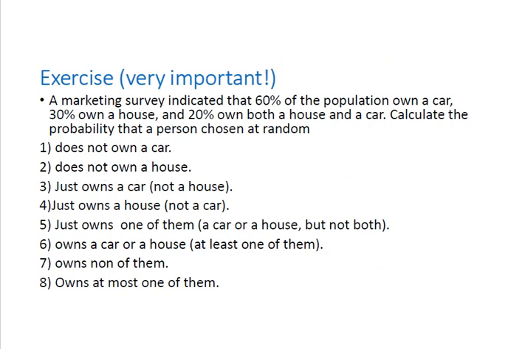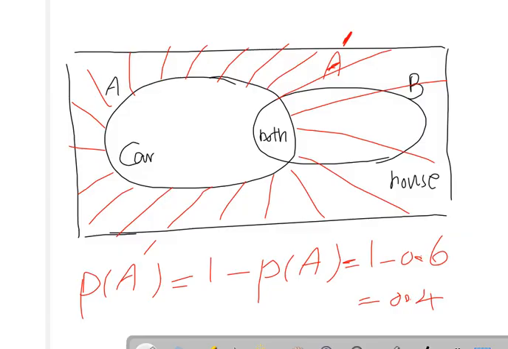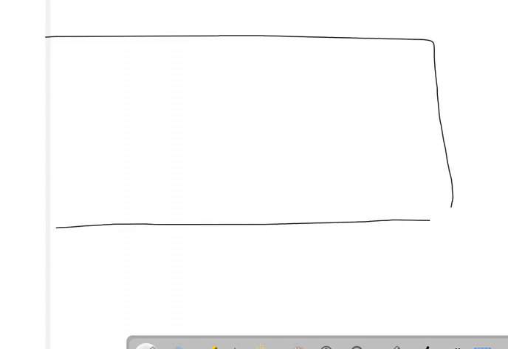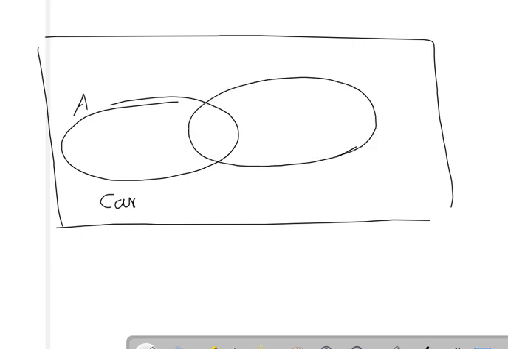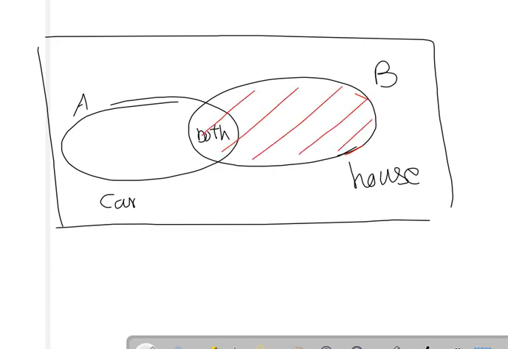Now, not owning a house. Okay, again similar to this one. It's the car, this one is B, the house, and this one is both. These people here in B have a house.